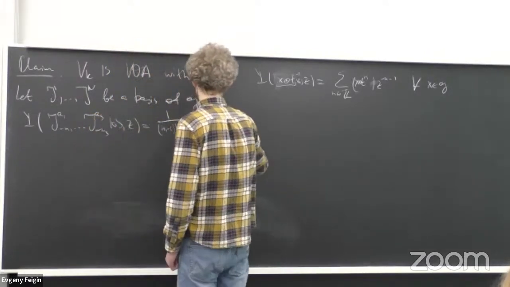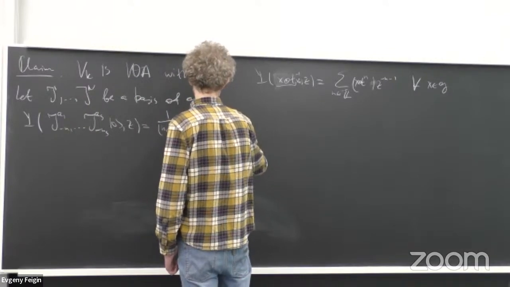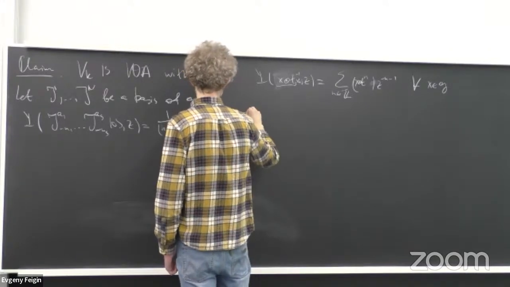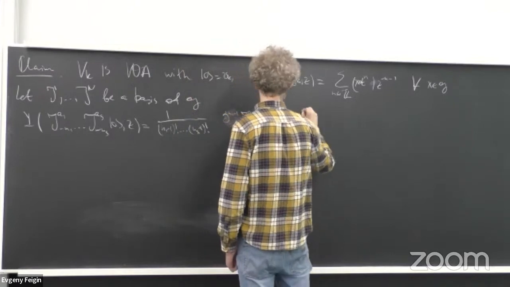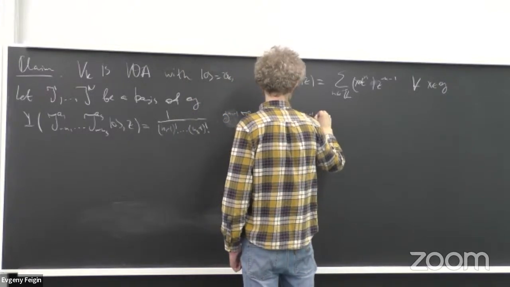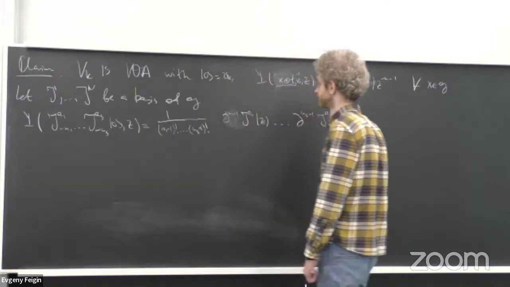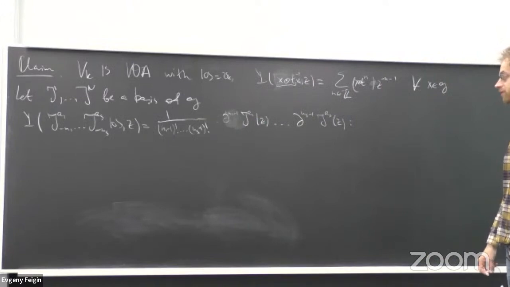And here we have the normal ordering of the derivatives D is 1, Ja1. Like this. And actually, this comes from the general reconstruction theorem we had last time.